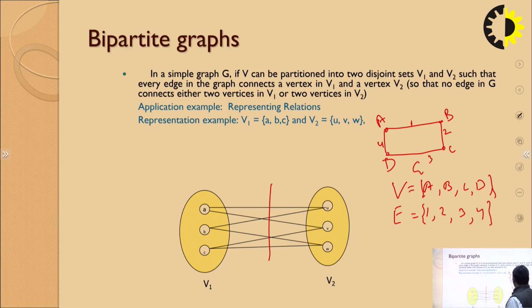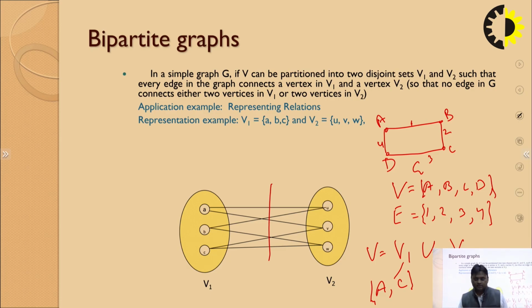If we divide V into two parts, we take A, C as V1 and B, D as V2. Then these vertices A, B, C, D are divided into two parts, A, C and B, D, known as V1 and V2.